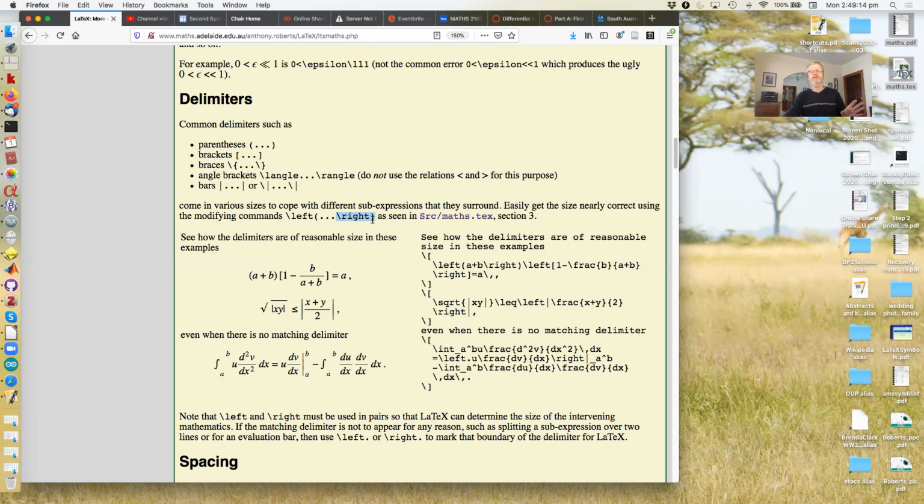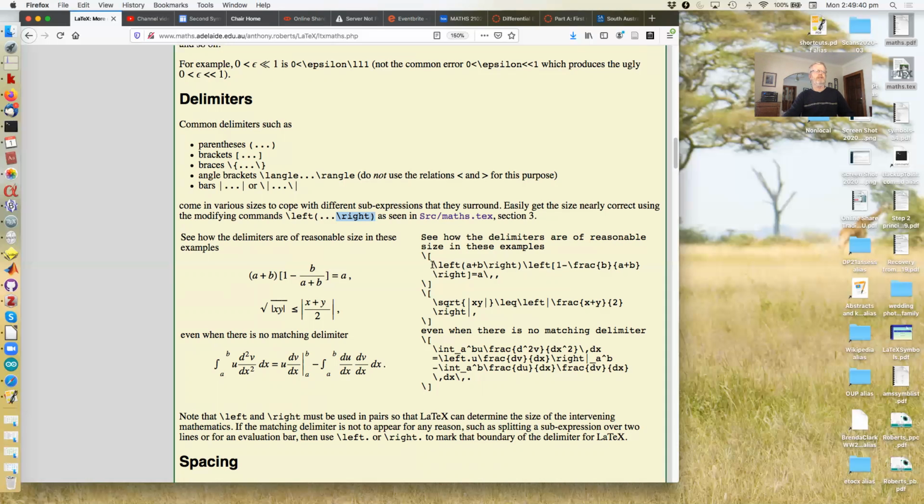The delimiters don't have to be the same, but the left and right have to occur in pairs. LaTeX looks at what's in the middle, typesets it, finds out what height it has, and then typesets the delimiters to suit that height. It's not perfect, but it does a pretty good job.